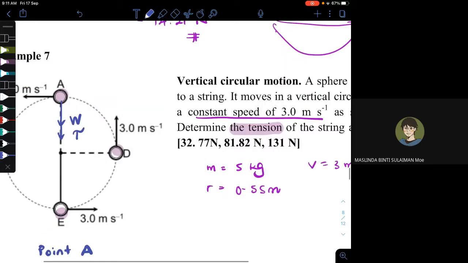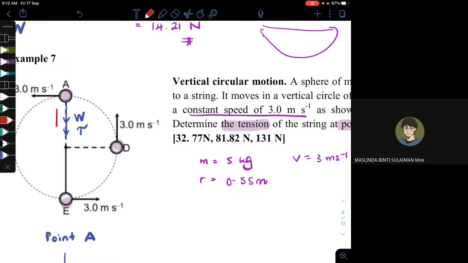Okay, and then remember dia adalah ada centripetal acceleration. So dekat point A tu, siapa nak jawab mana arah A kita dekat point A ni? Where is the direction of our acceleration? Ke bawah, ke atas, ke kiri, kanan? Anyone wants to answer? Ya, ke bawah. Orang lain jawab juga, A ke bawah.